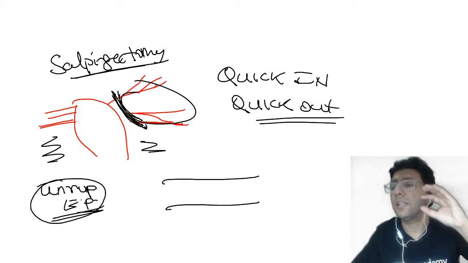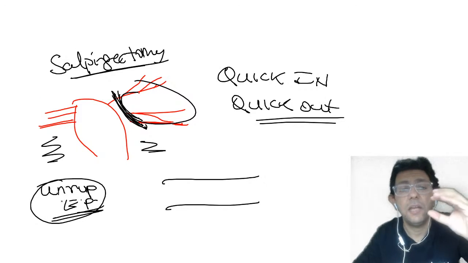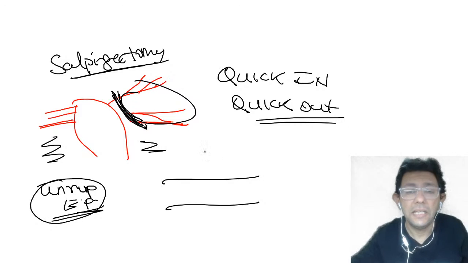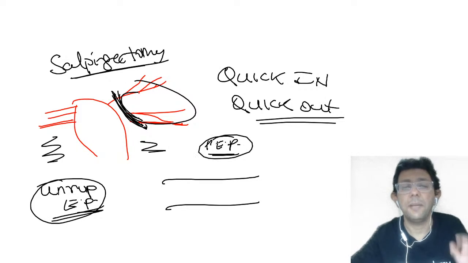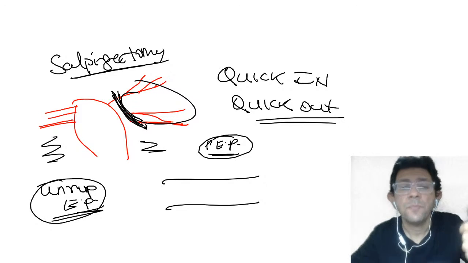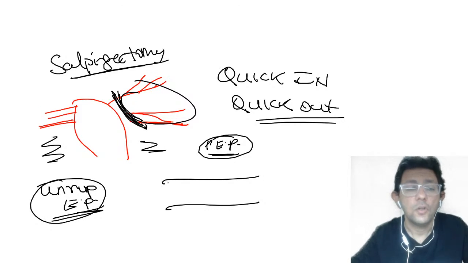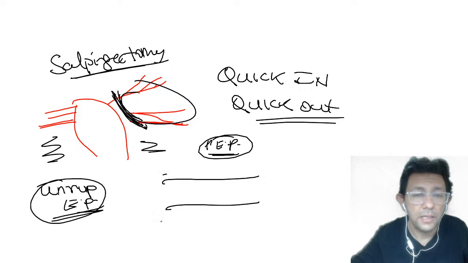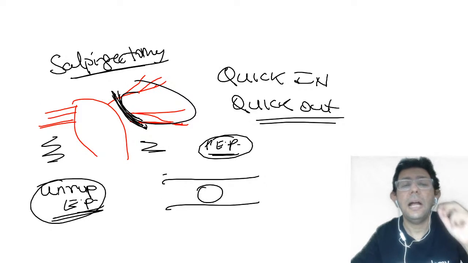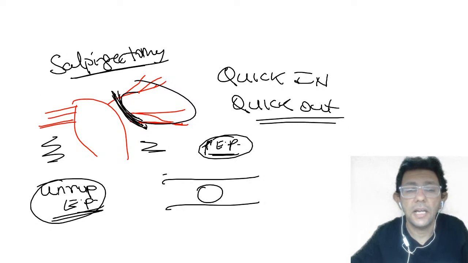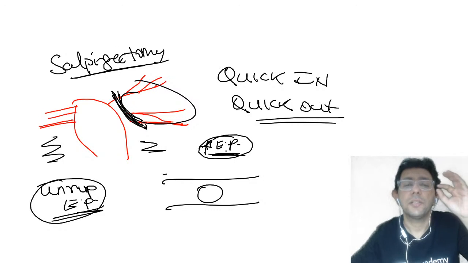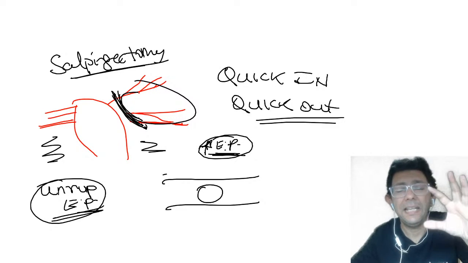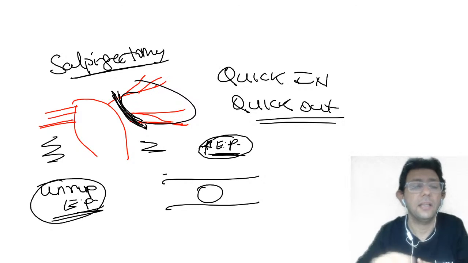But please understand that this is rarely done, because when I save the fallopian tube, I am increasing the risk of again having an ectopic pregnancy on the same side. Why? Because why did the ectopic take place? Because the tube was defective. So by keeping the defective tube in the body, I am increasing the risk of ectopic again on the same side. So this is mainly theoretical, practically never done.